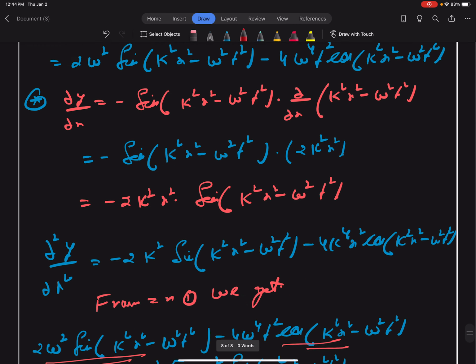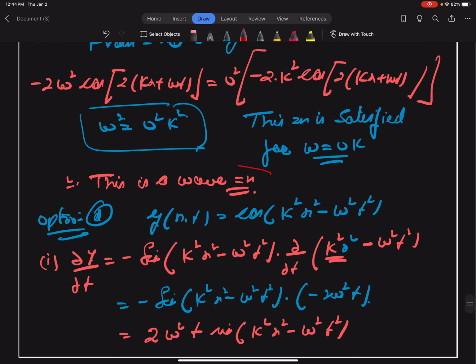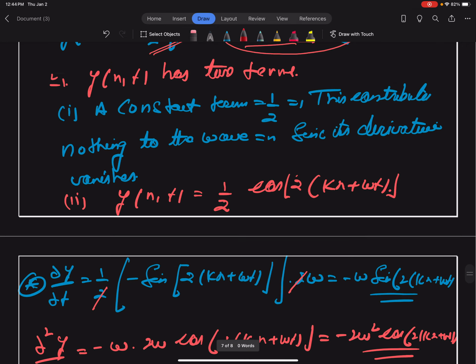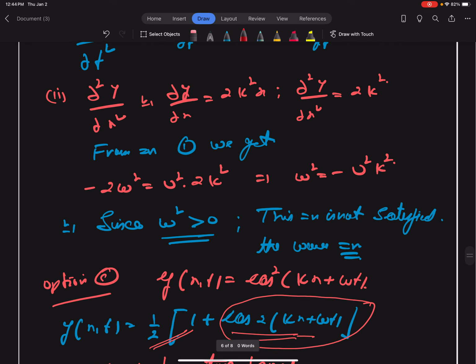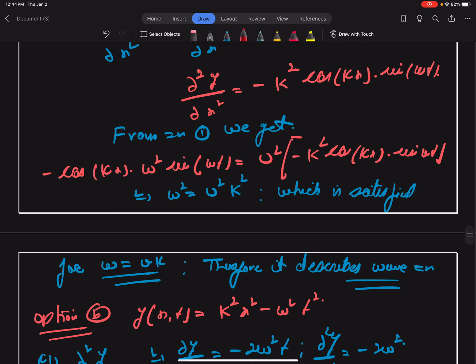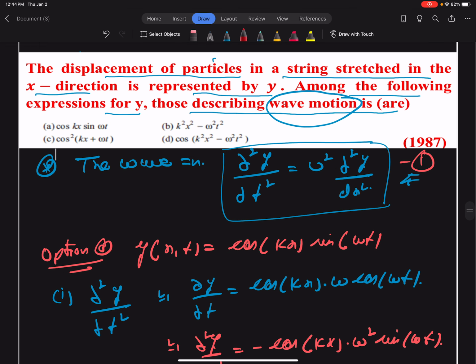So we have only two, that is our part C is a wave equation, as well as we have part A is also a wave equation. So A and C are the correct options.